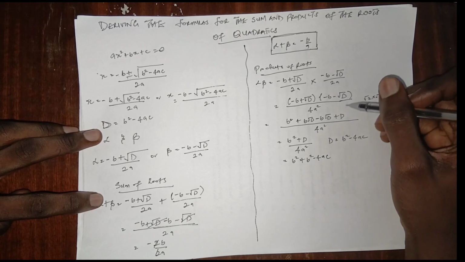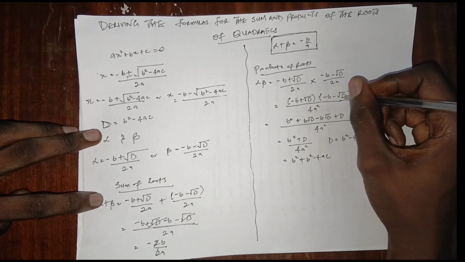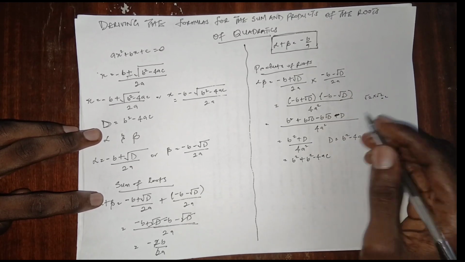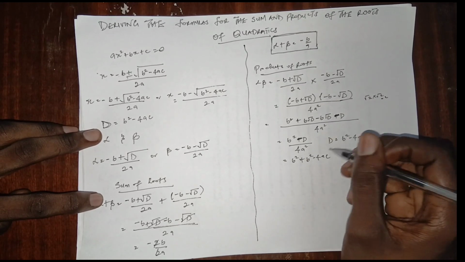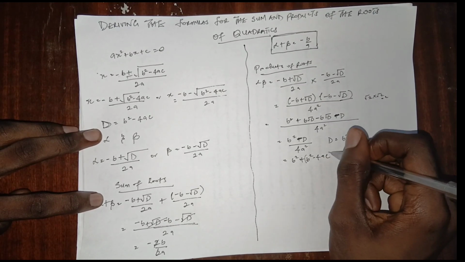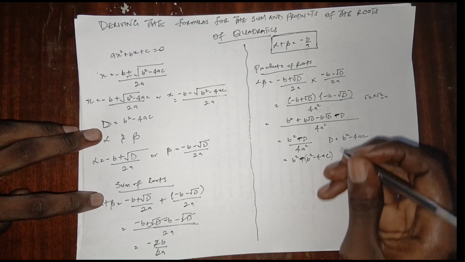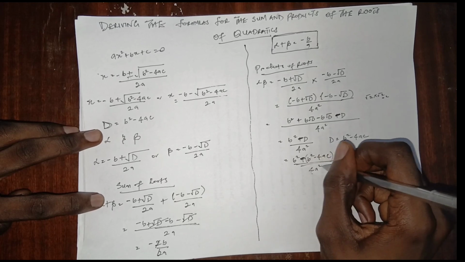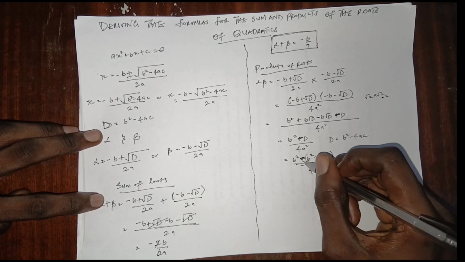We actually had a mistake here. The minus sign applies to everything in the bracket, so leave this in brackets, and we get minus b squared plus 4ac.